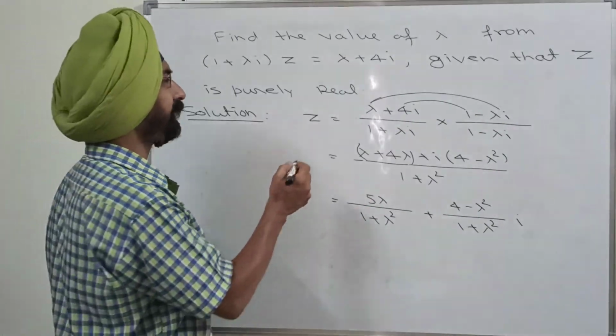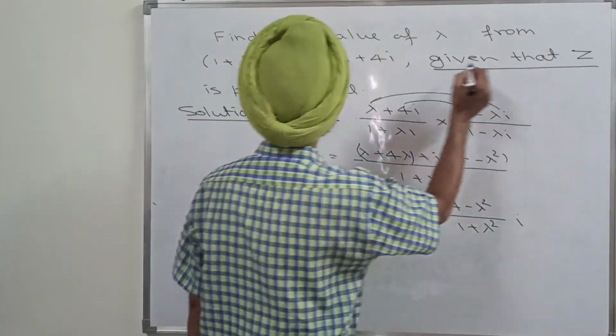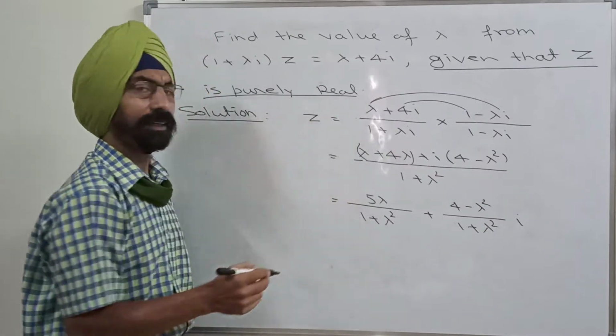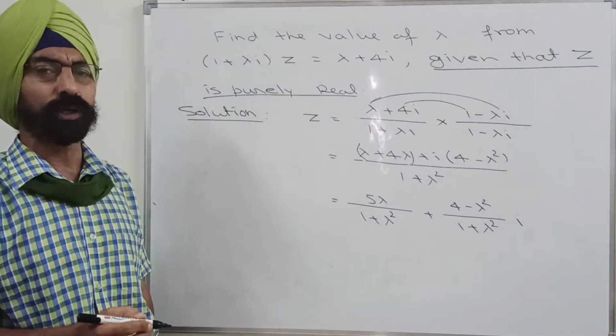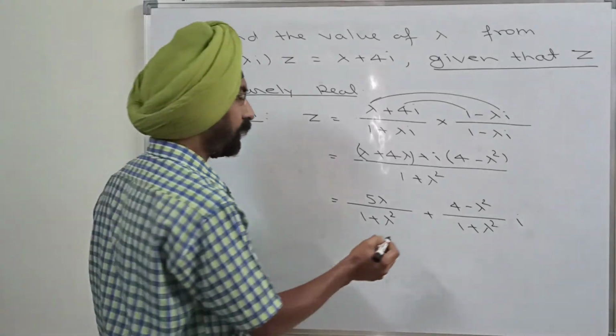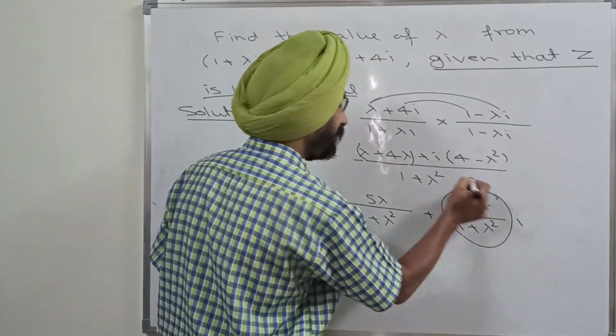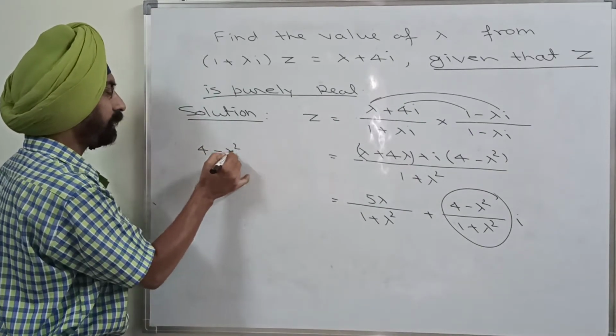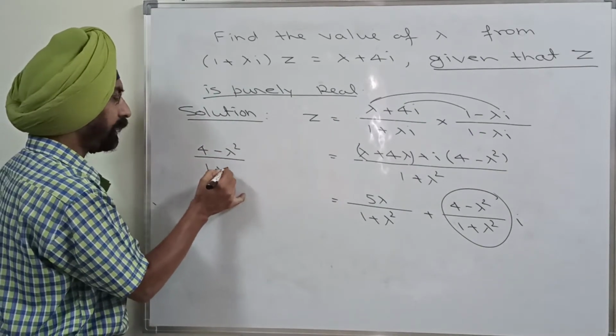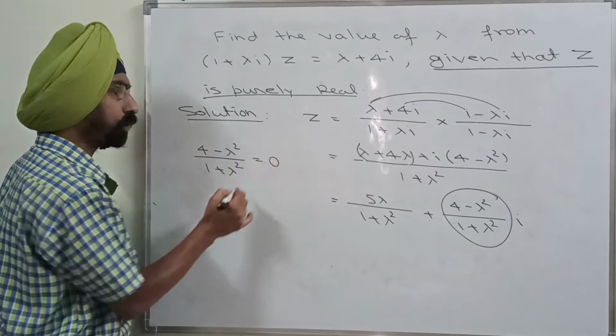But what you are given is that your Z is purely real. And Z is purely real means its imaginary part is equal to 0. And here your imaginary part is this. So substitute the value of imaginary part: (4 minus lambda square) upon (1 plus lambda square) is equal to 0.